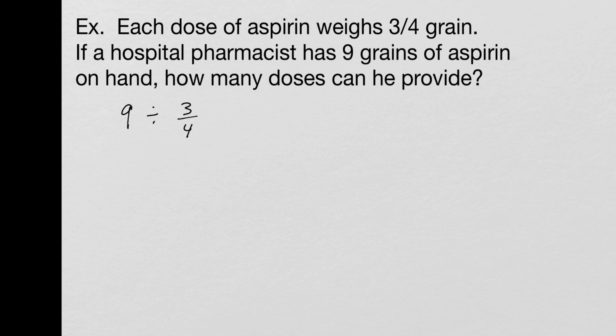In fact, if we think about this, we can do this in terms of units as well. So think of it as 9 grains divided by, you can even think of it as 9 over 1, divided by 3/4. This really means grain per dose.